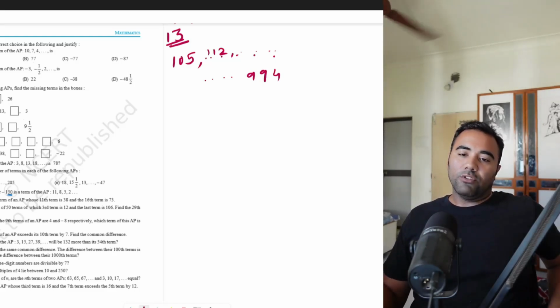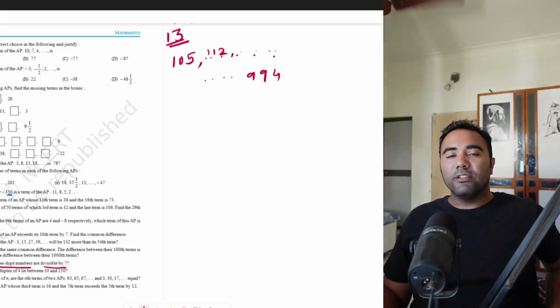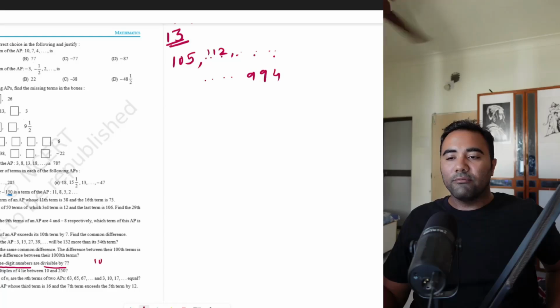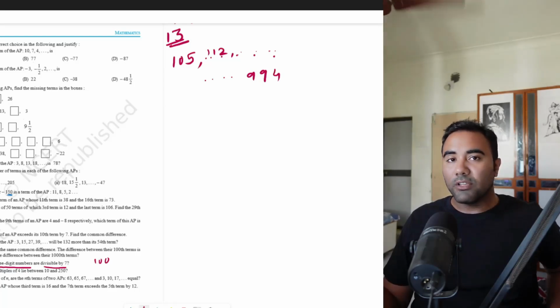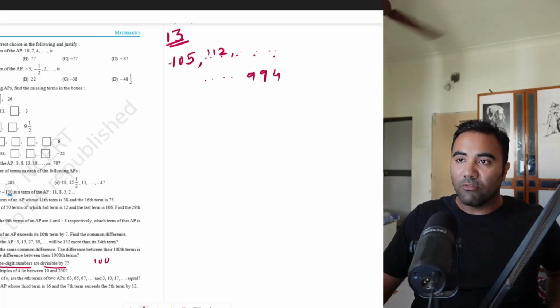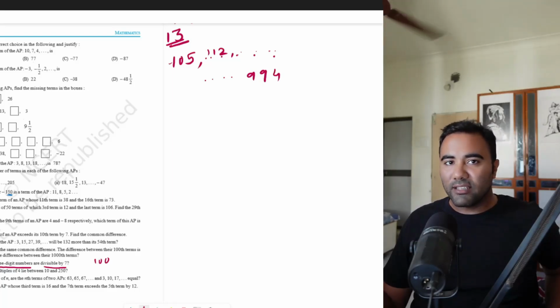Now question number 13 is asking how many 3-digit numbers are divisible by 7. So 3-digit numbers start from 100. What should be your thought process? After 100, which is the first number that is divisible by 7? That is 105. Then 112, you keep on adding 7 after that.